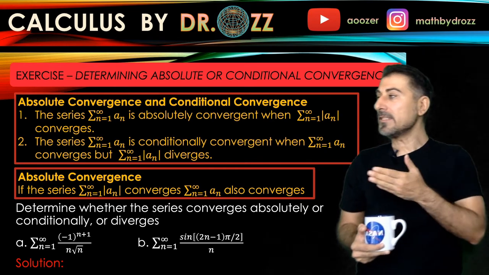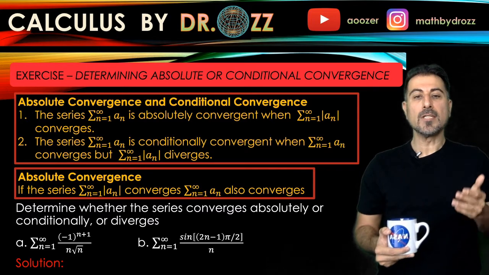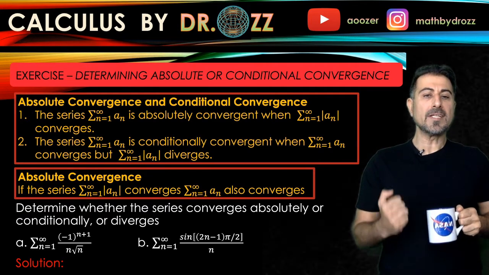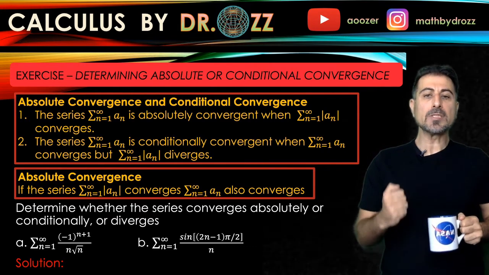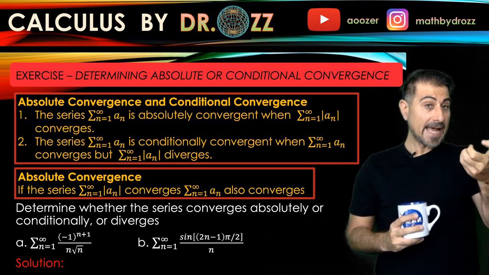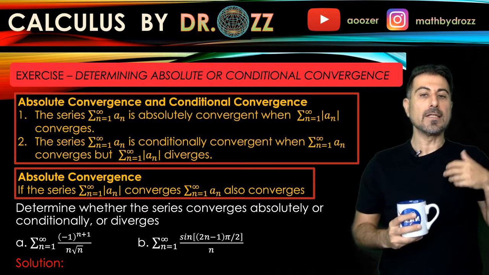So today we're going to practice what we call absolute or conditional convergence for the given infinite series. But just to remind you, what is an absolute convergence and what is a conditional convergence? We call an infinite series an absolutely convergent when the series of the absolute value of the n-th term, which is an, is convergent.